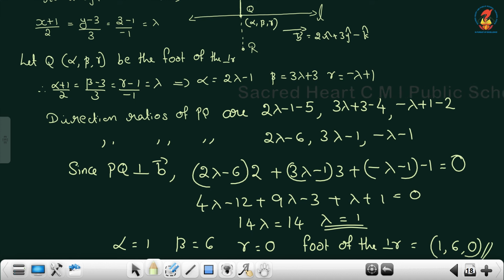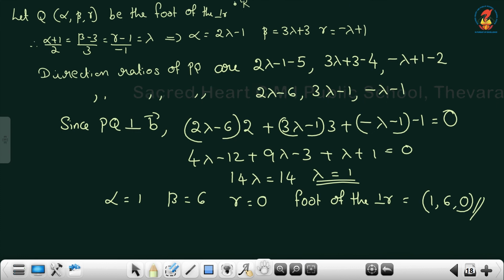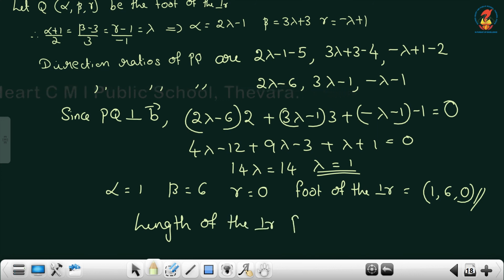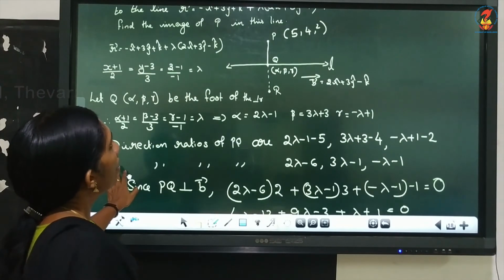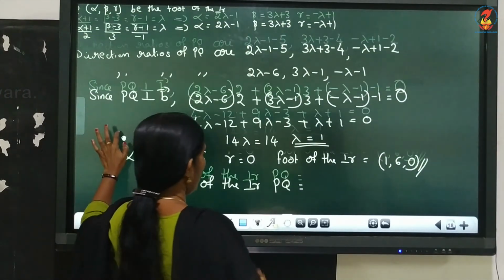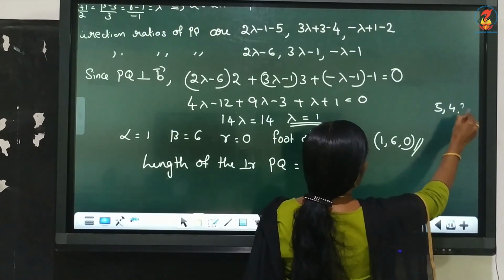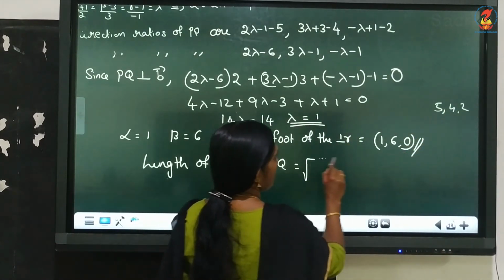Okay. Now we have to find the length of the perpendicular. That means PQ, the distance between P and Q. What is P? 5, 4, 2, and this point. What is the distance?